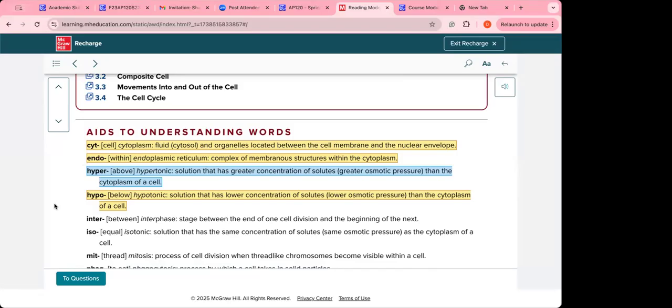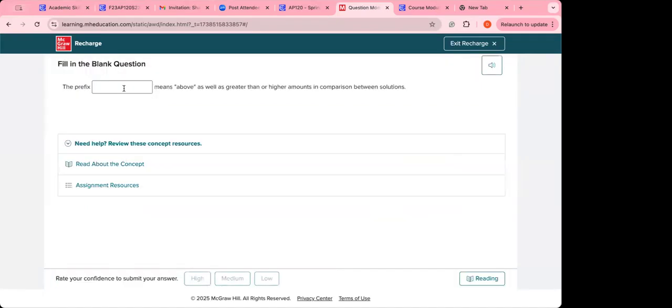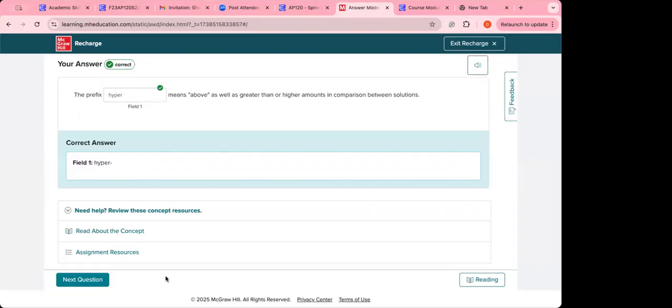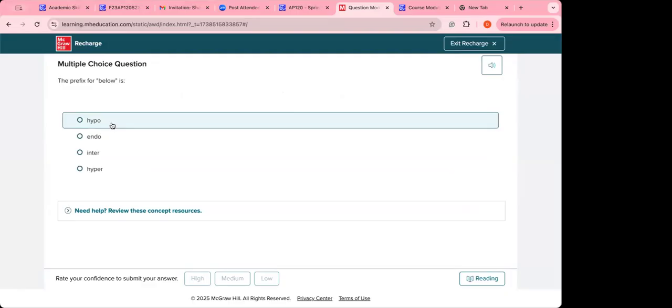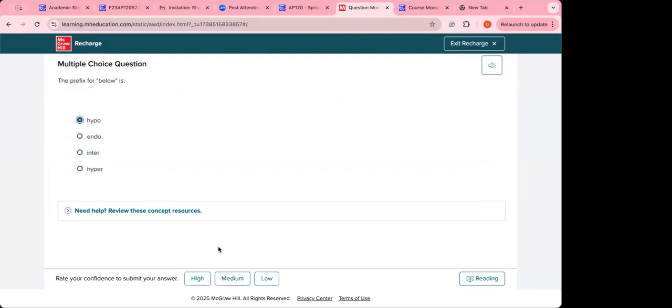Which one means above? Hyper. So hyper is the answer there. Good job. The prefix for below is hypo? Hypo. Very good.